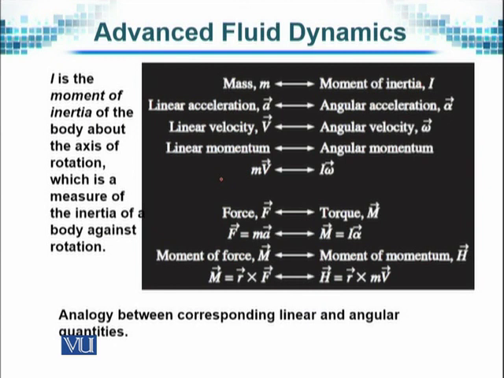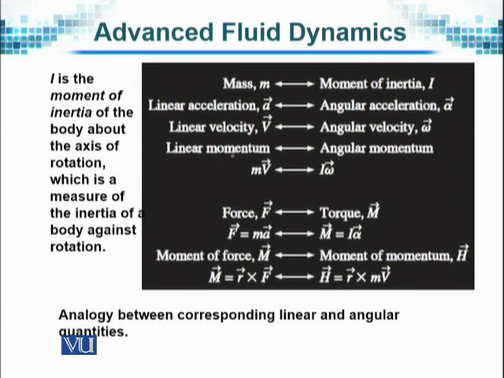If we compare the analogy between the linear and the angular motion, we see here that mass corresponds to moment of inertia I. Linear acceleration a corresponds to angular acceleration alpha. In the linear motion, if we have v, in angular motion we have omega.